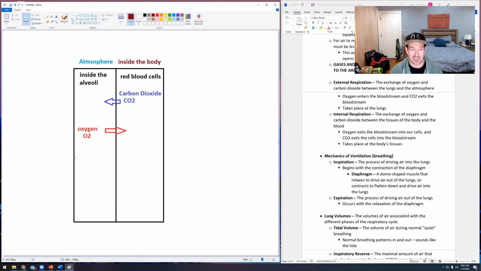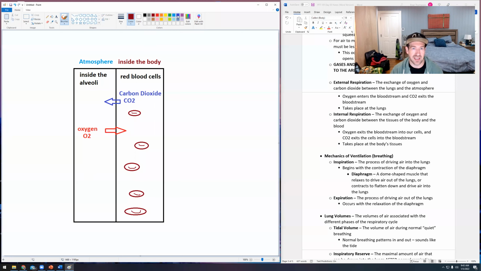So you would have just some empty space here, and then this would be absolutely filled with little red blood cells, right? There'd be all these little red blood cells in here. And that's where we're moving it, right? Those red blood cells are here to drop off the CO2 that they happen to be carrying currently, right?